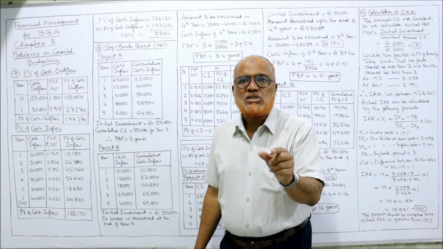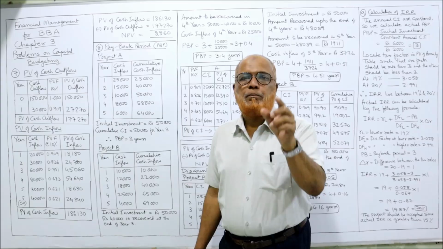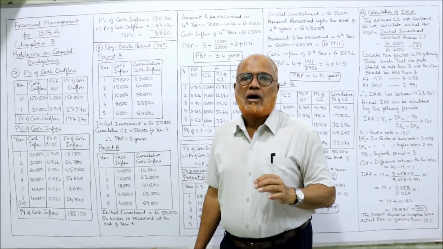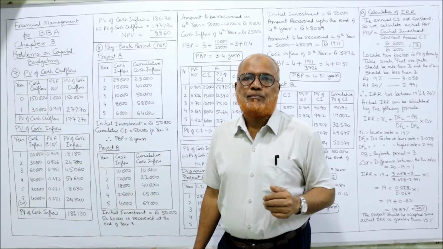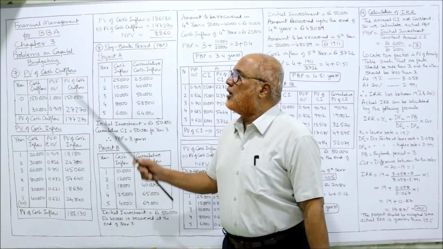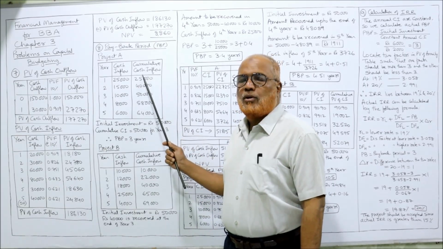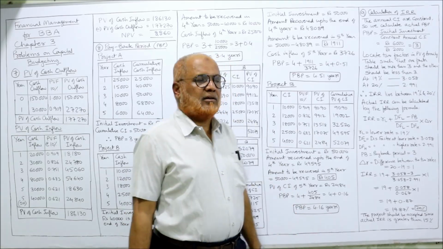So multiply the PV factors with cash inflow to get PV of cash inflow. After getting PV of cash inflow, make it cumulative. Make it cumulative PV of cash inflow. Here only cumulative cash inflow, but here cumulative PV of cash inflow. That is the new point.